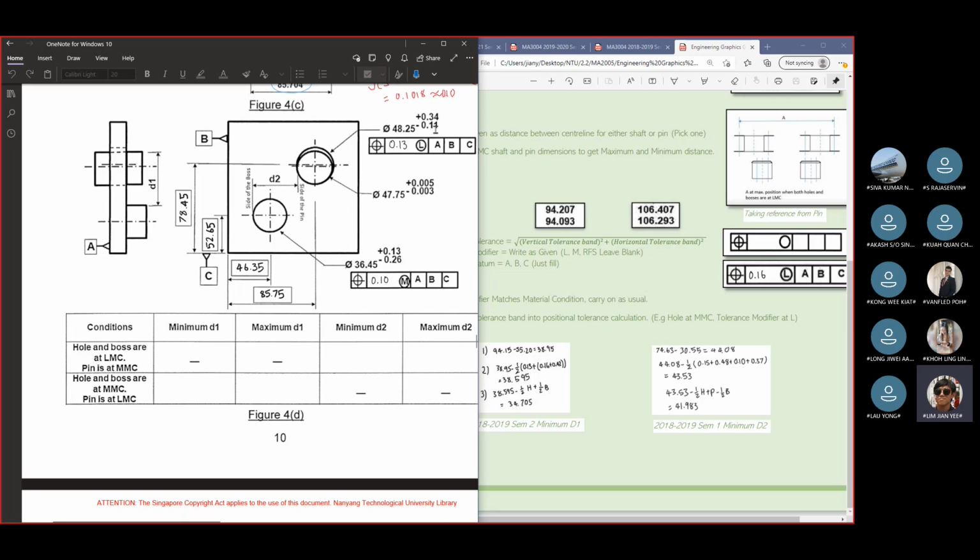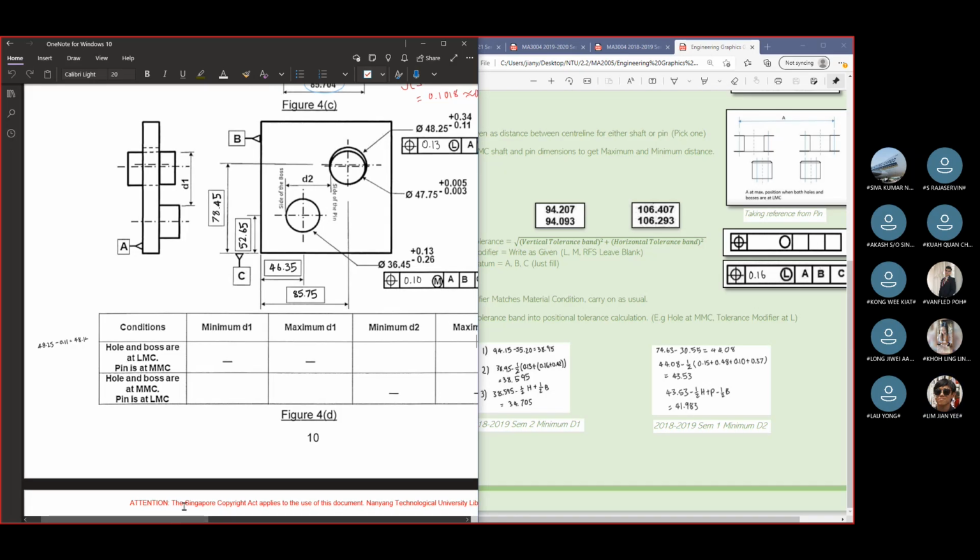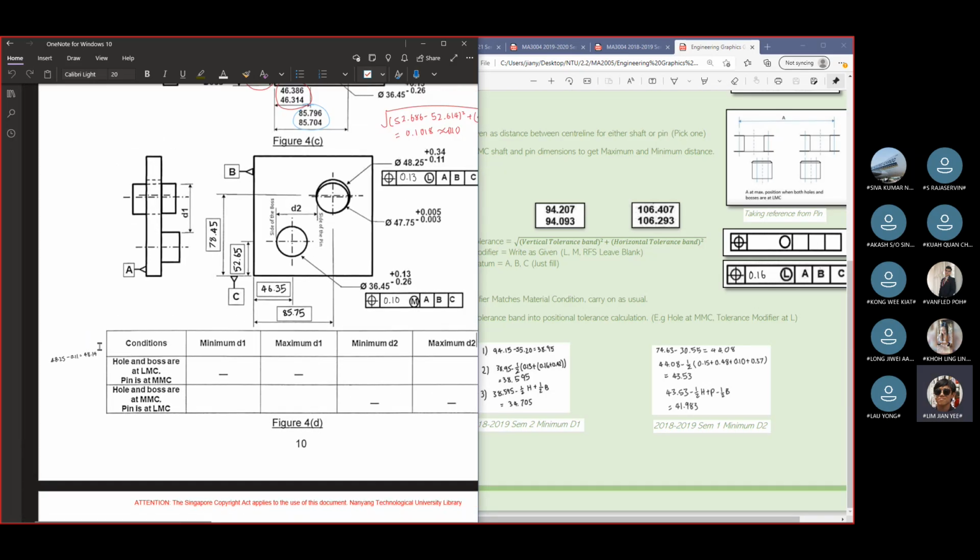So in this case, you'll take 48.25 minus 0.11 equals 48.14.